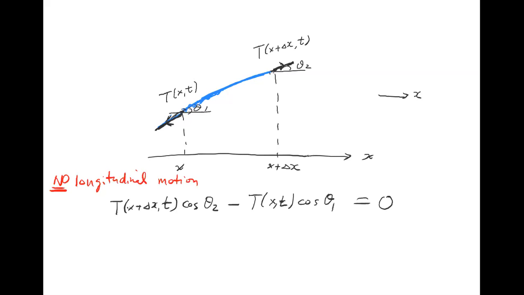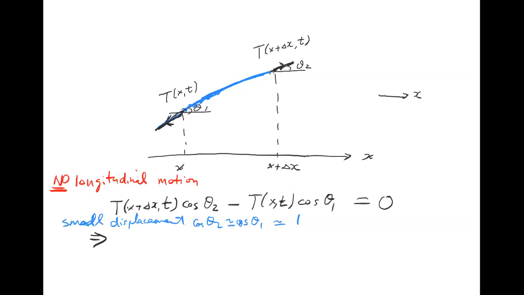Now we want to get the cosine theta. Remember we are saying that it is small displacement. So both cosine theta 2 and cosine theta 1 are approximately 1, because theta is small.